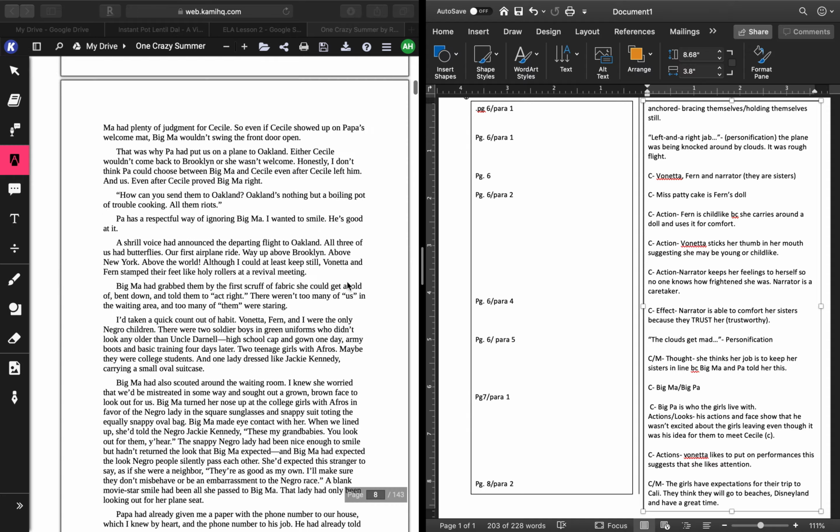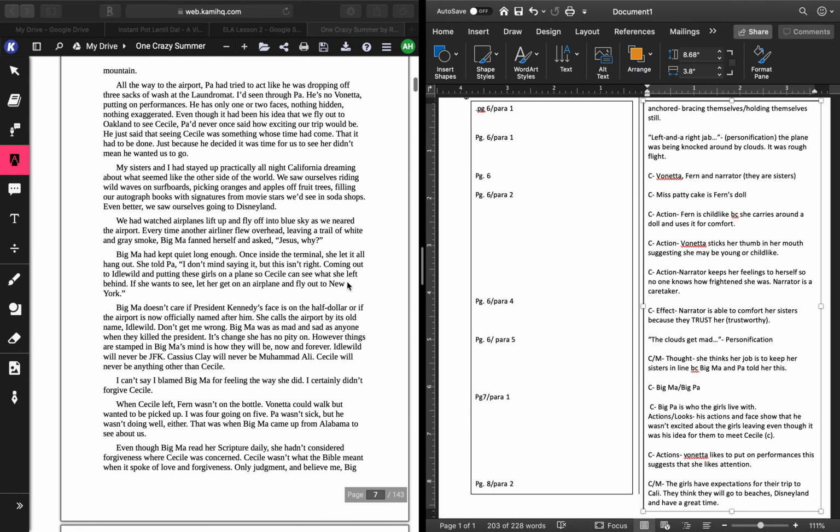You have a couple of pages, and I am going to put the pages you need to read as well as an audio clip of these chapters being read aloud so that you can re-listen to them. It's important you follow along because in order to annotate, you need to do more than listen, right? But it will be available to those of you who would like to listen to the text while you read it. Okay, so go ahead and click on the next video and we will wrap this lesson up.